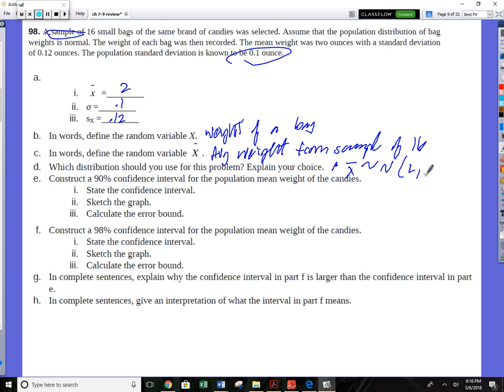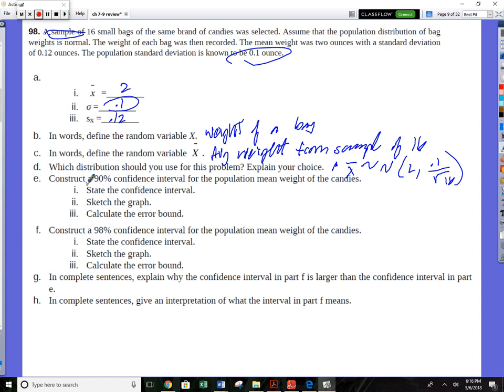And for the standard deviation, you use the standard deviation of the population, 0.1, and divide that by the square root of 16. Now to do a confidence interval, we're not going to do much with that.